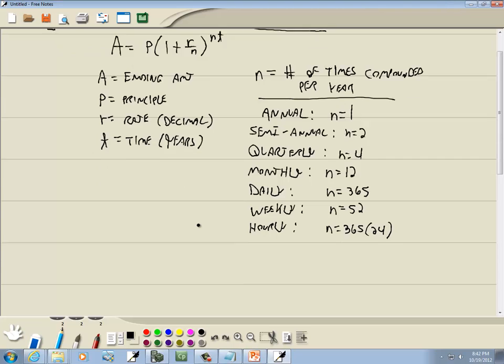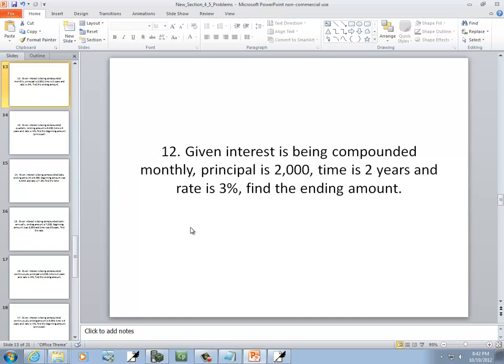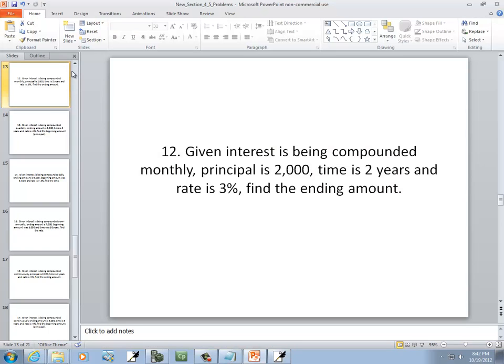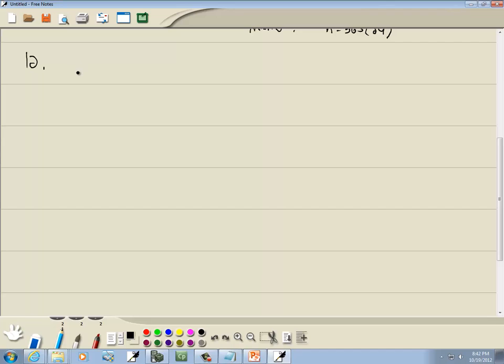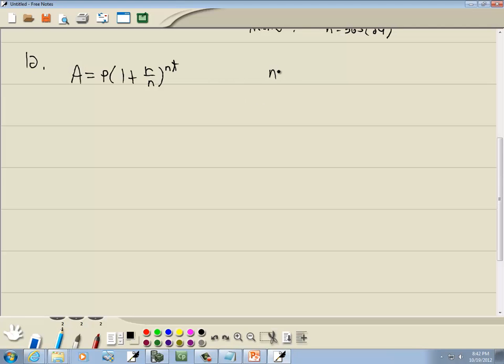Well, let's take a look at some problems dealing with this. Given interest is being compounded monthly, principal is 2,000, time is 2 years, and rate is 3%. Find the ending amount. Nowhere does it say continuous. It says compounded monthly. So the formula we want to use is A = P(1 + r/n)^(nt).